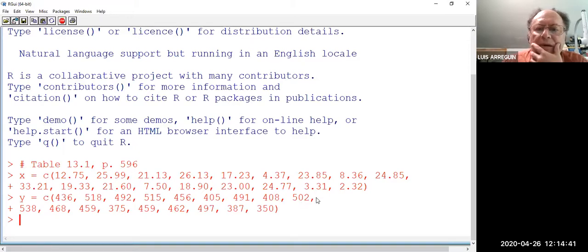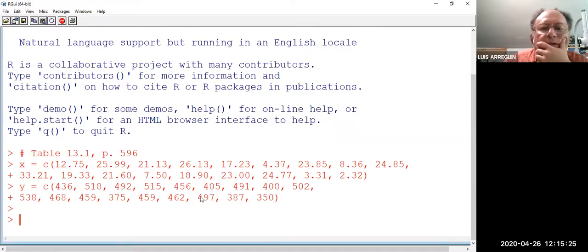You can press enter after any value on the command and continue on the next line. R is going to give you a plus sign indicating that you continue writing your data set. So you don't need to go until the end of the line; you can break the line to make your data set more readable. Then we're gonna enter the value for n, which is the number of data values in the data set.